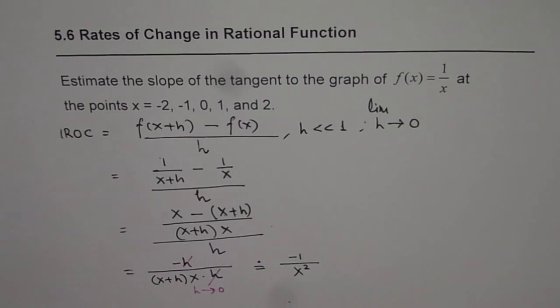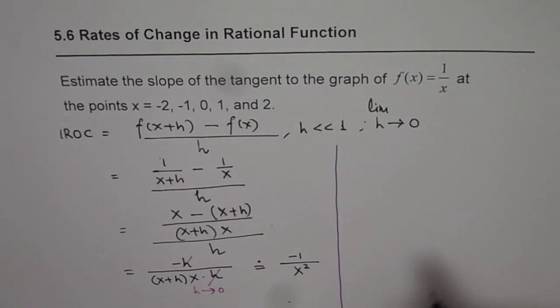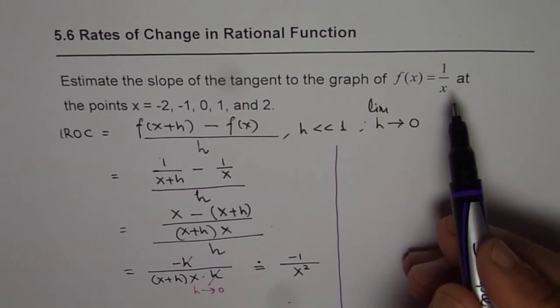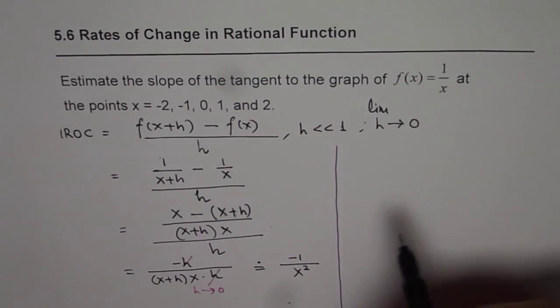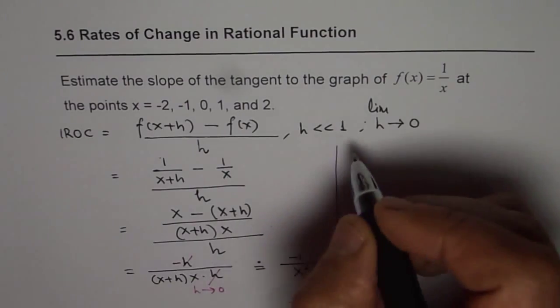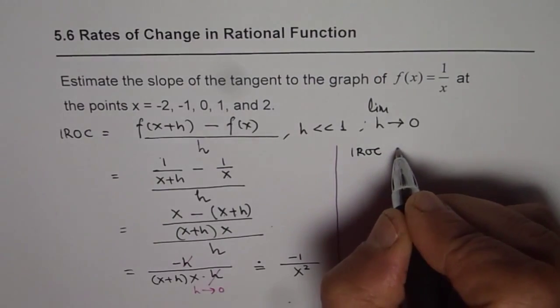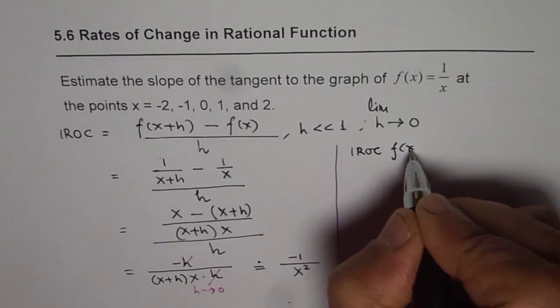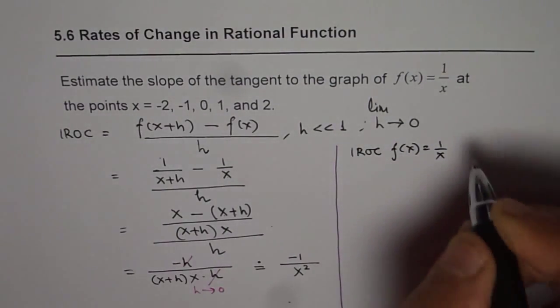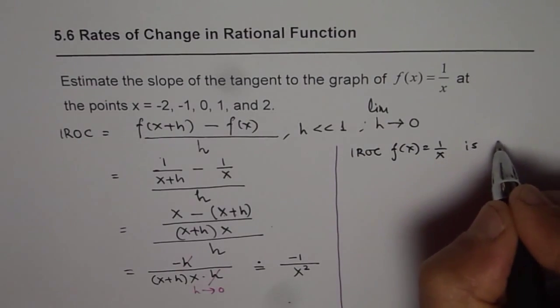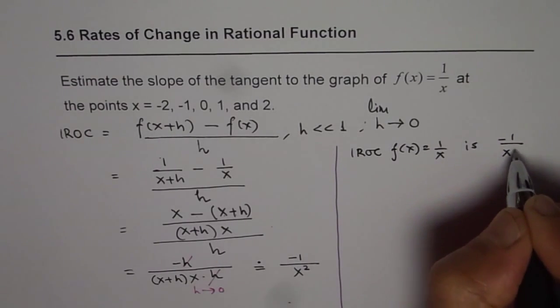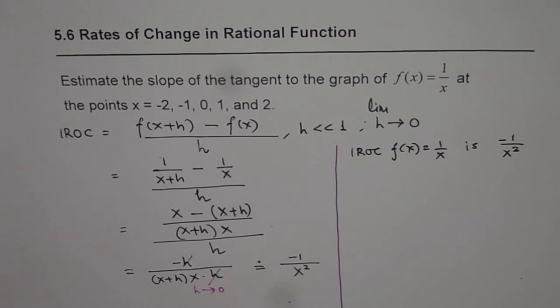So in general, the instantaneous rate of change for f of x equals 1 over x at any given point is -1 over x squared. That is what we know.